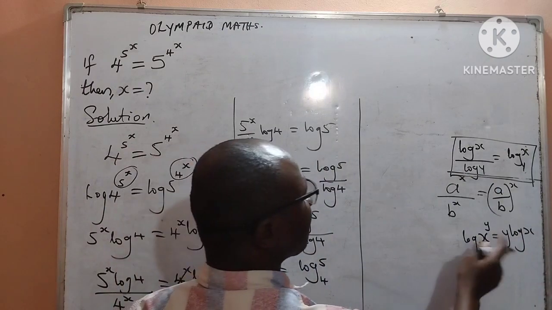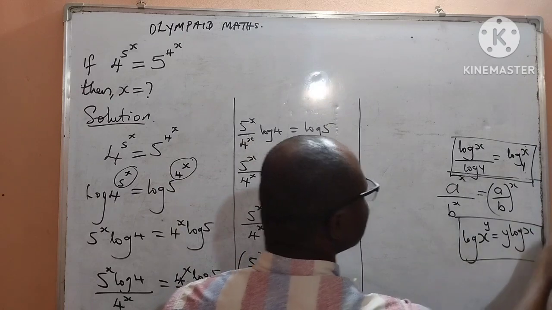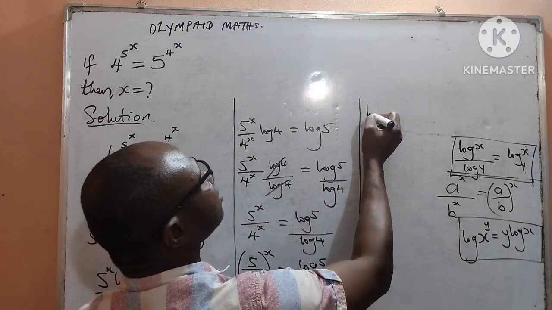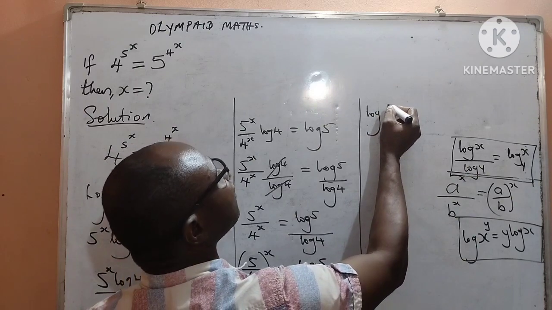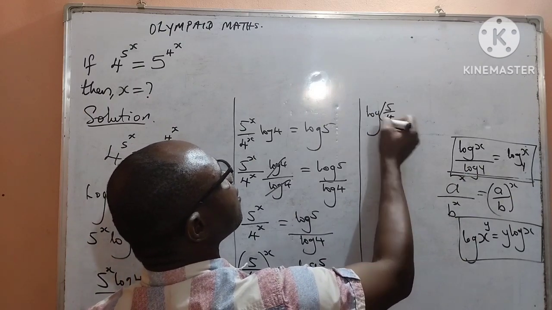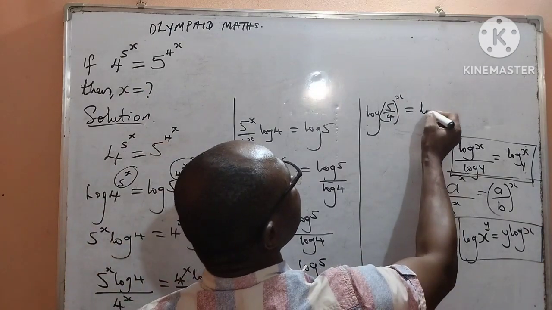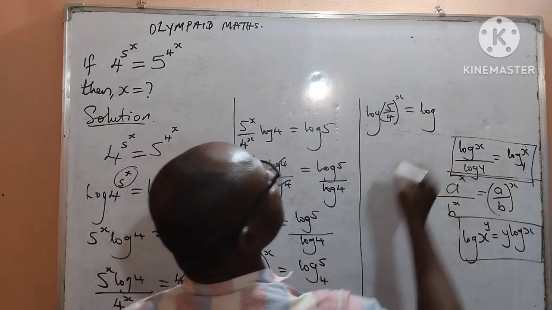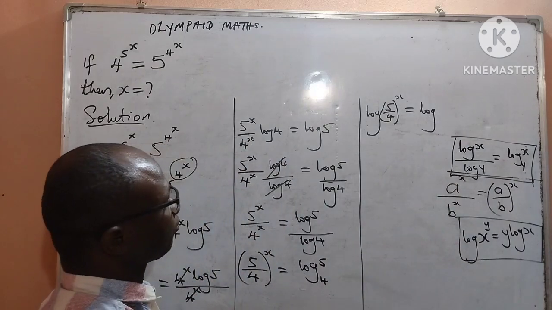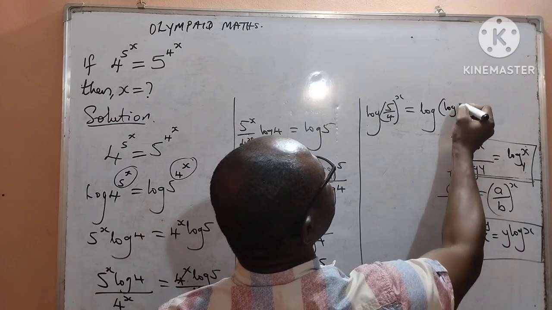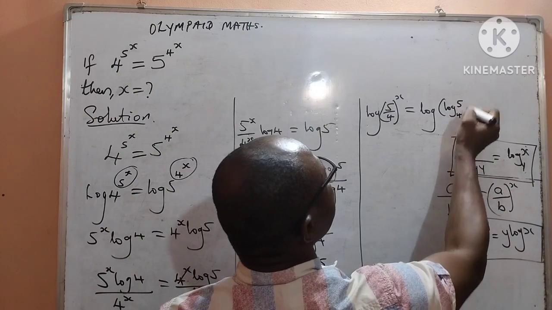So I am going to apply this law, meaning that applying logarithm to both sides, I will have the log of 5 over 4 all to the power of x is equal to the log of 5 base 4.